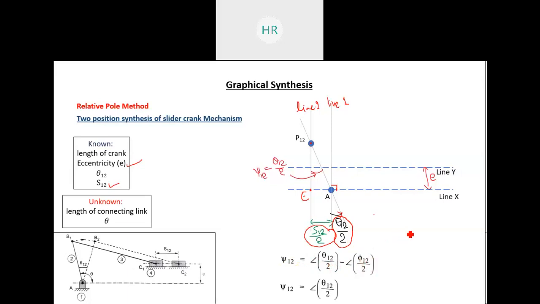But in slider crank mechanism there is no output angle. Phi is not present in slider crank mechanism, only theta and S12 are there. So in this case zeta 12 is equal to angle theta 12 by 2 only. So this angle which is forming at P12 will actually be theta 12 by 2.